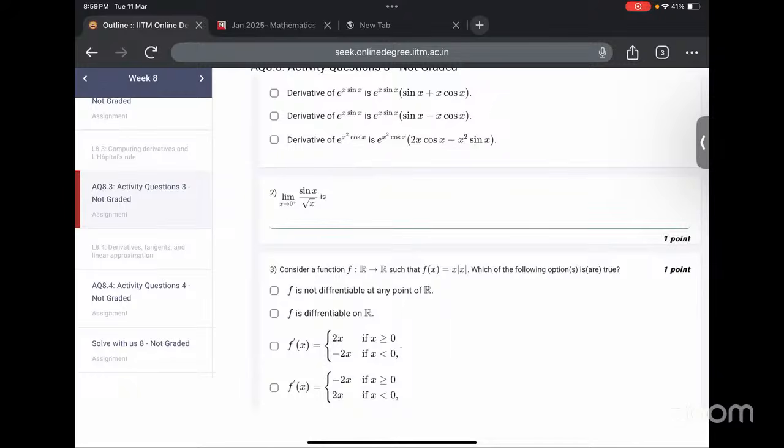Zero. Right. So we will multiply and divide with root over x. Then we will find limit x tending to 0 plus sin x by x, which is 1, into limit x tending to 0 plus root over x, which is 0. If you use the multiplication rule of limits, then we will find 1 into 0, that means 0 as the result, right?